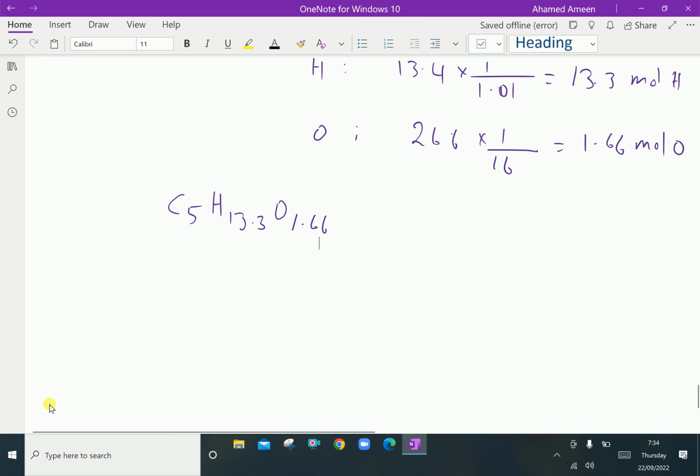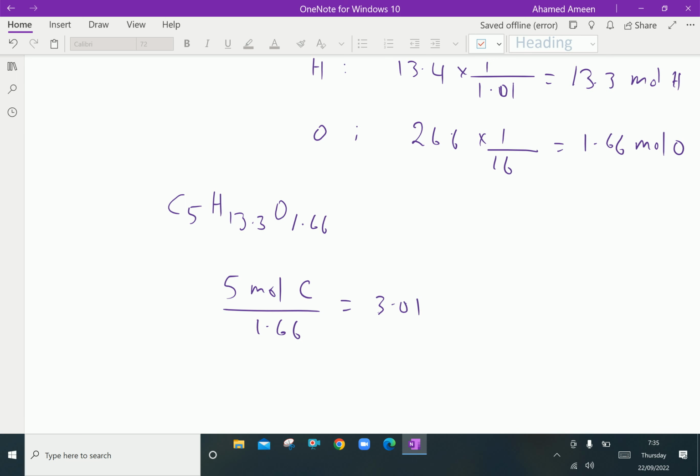Therefore, we have to divide by the least number. 5 mole of C over 1.66 approximately gives 3.01. That is, 1.66 is the least number here.